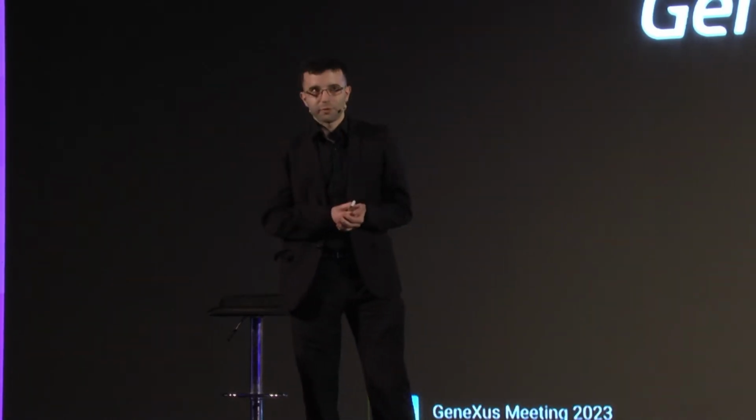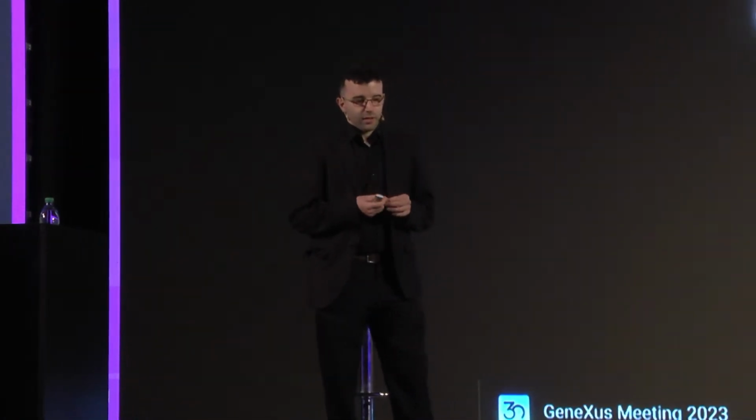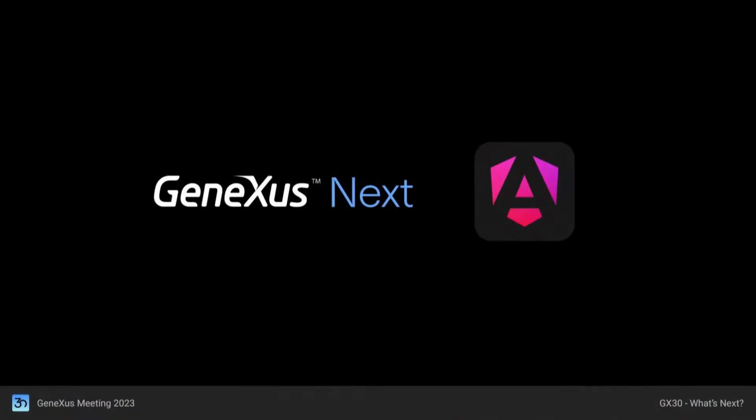The case I will talk about is called GeneXus Next. GeneXus Next is an application whose front end was done using our Angular generator. To understand how GeneXus Next was built or created, I'll tell you how it started initially. I remember I was in the office, and a fellow worker called me to his office.